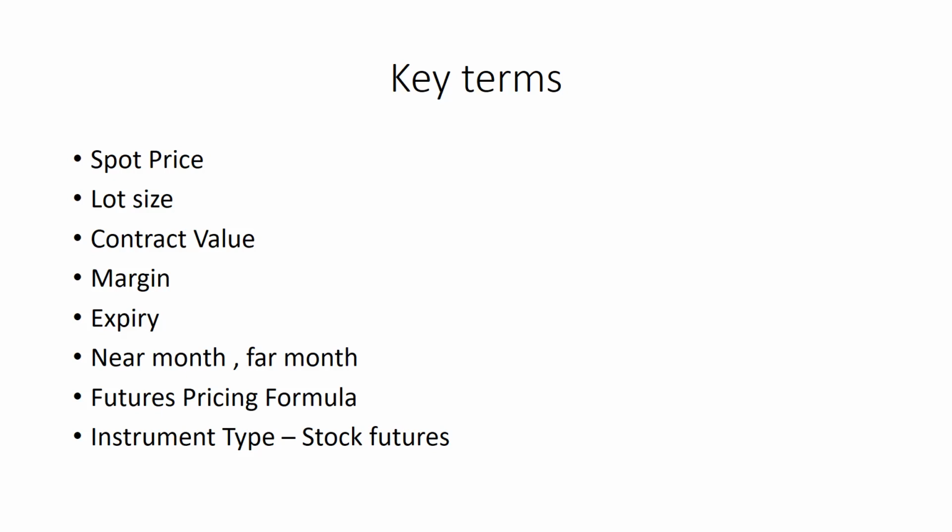Suppose the price of Infosys Jan 2024 is 1,000 rupees, and by the formula it should be 1100. But from the market it is only 1,000 rupees. So you can buy that position. You can take the future because there's a difference. And the instrument types could be stock futures, index futures. There are multiple futures which you can buy.